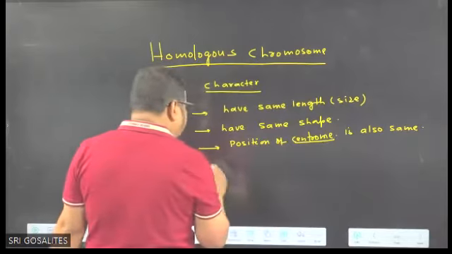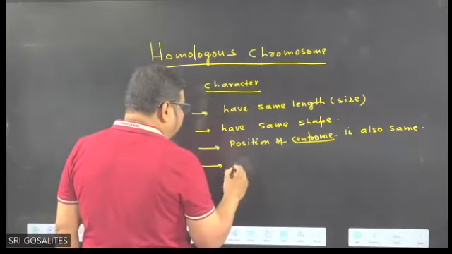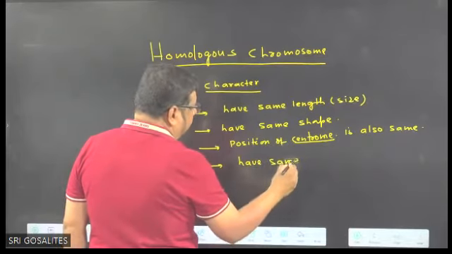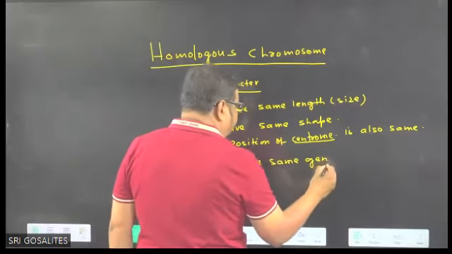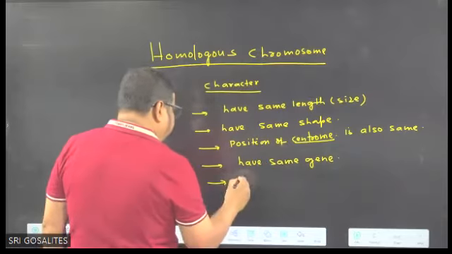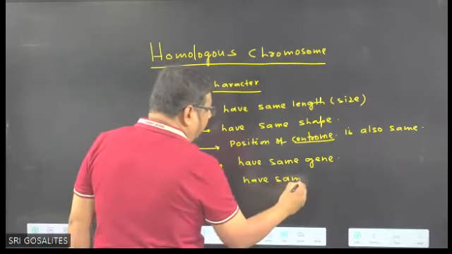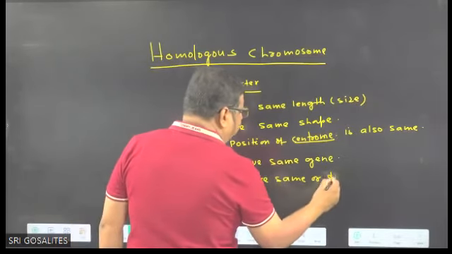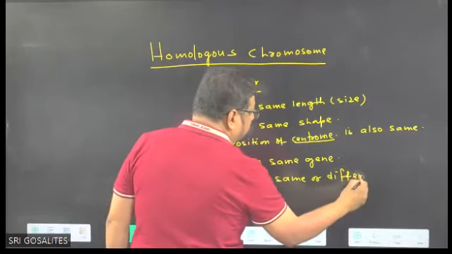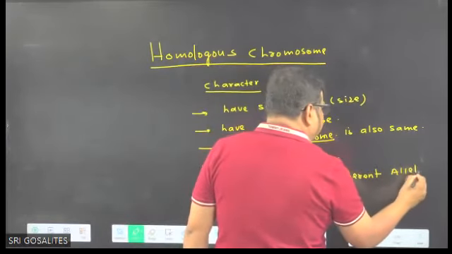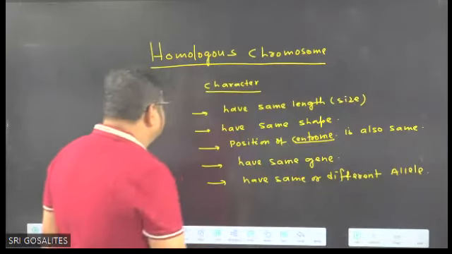Homologous chromosomes also have some more characters. Have the same genes. And have the same or different alleles. So these are the characters of homologous chromosomes.